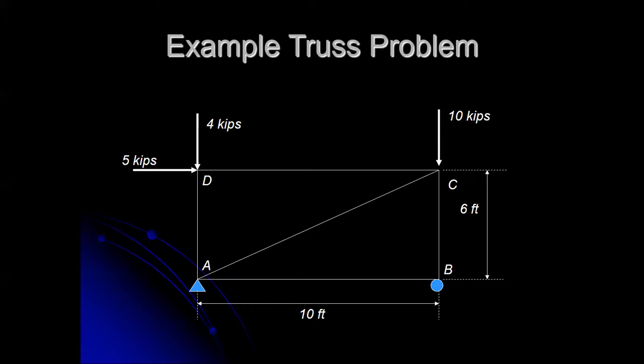So the first thing we're going to want to do is draw the truss and do the external problem. Solve for the reactions at supports A and B. First thing I'm going to do is just quickly copy this down to my page. When we do the external problem, we really don't care about the internal structure of the truss.